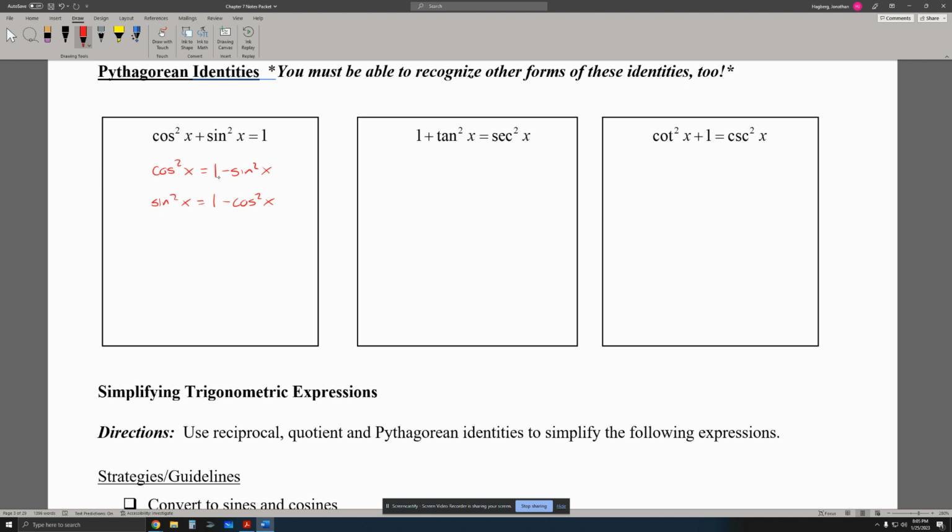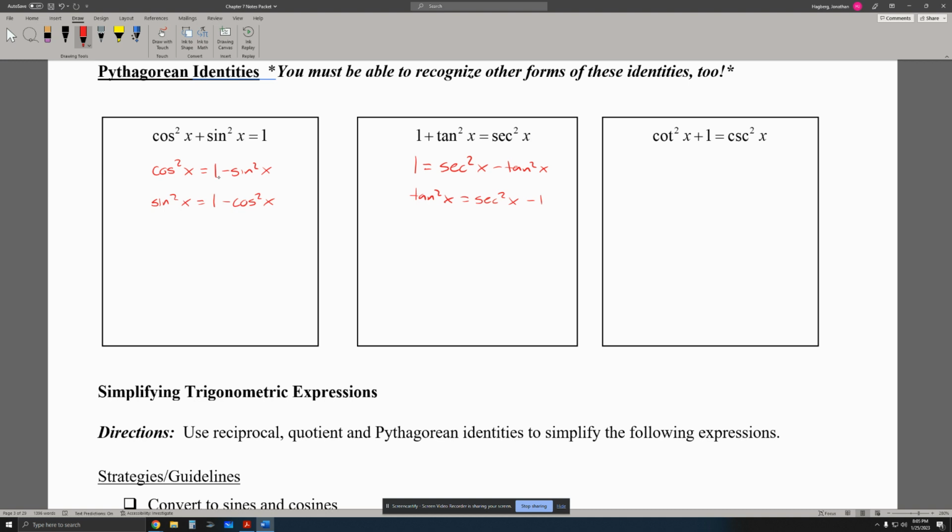Let's see what this looks like for the other, the tangent and secant one and the cotangent cosecant one. Okay, so if we subtract tangent squared from both sides, we get 1 is equal to the secant squared of x minus the tangent squared of x. And if we subtract 1 from both sides, we get tangent squared of x is equal to secant squared minus 1.